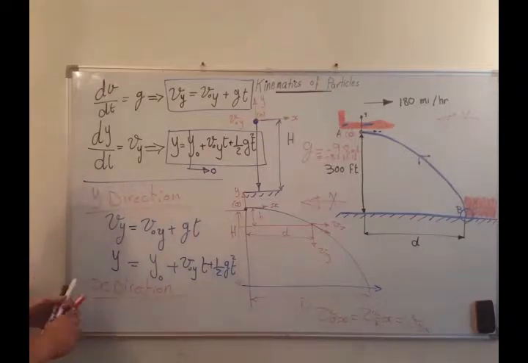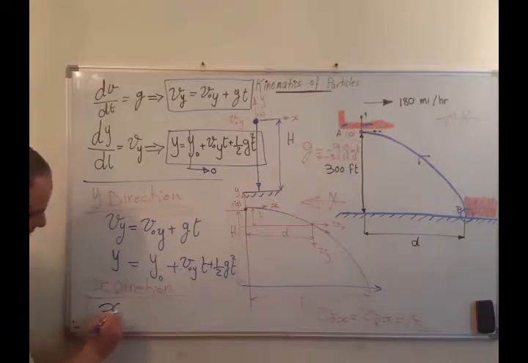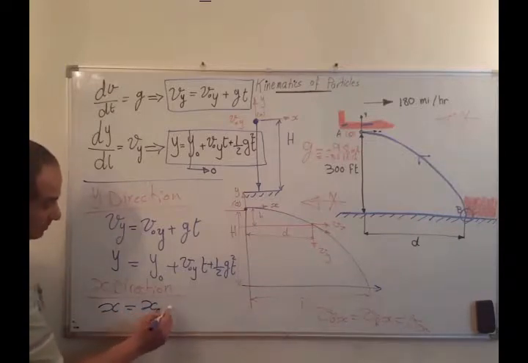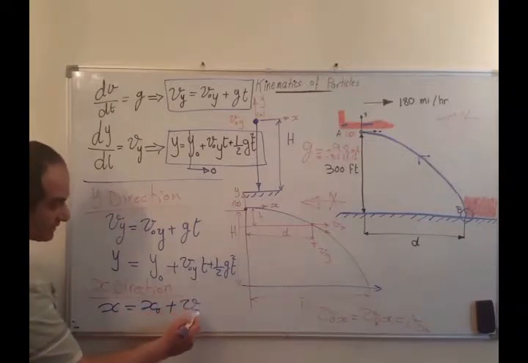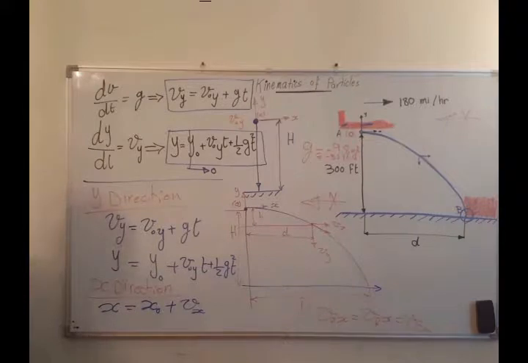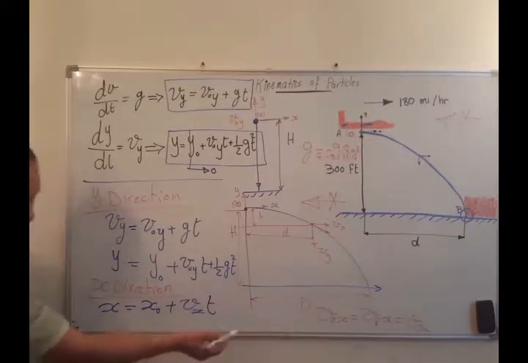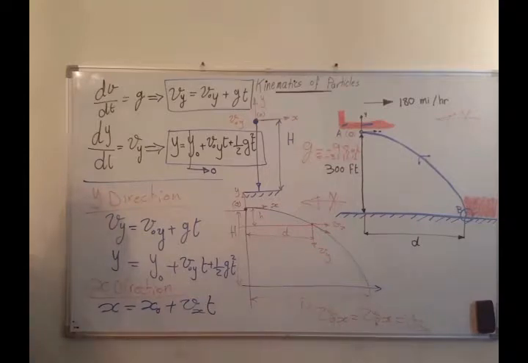So we can write directly x, the horizontal displacement, equals x naught plus Vx, the constant horizontal speed of the projectile, times t. It's the simplest equation of the horizontal displacement.